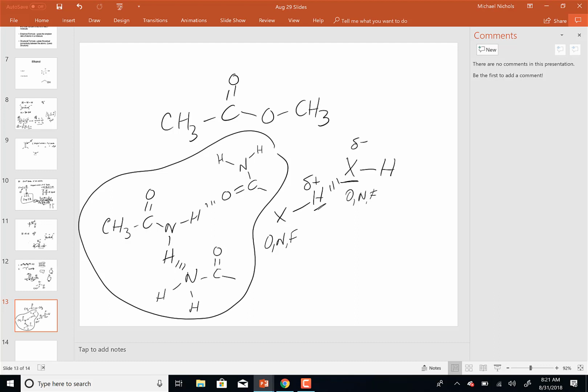And so its strongest intermolecular force is hydrogen bonding. And in each one of these cases, the hydrogen is sitting in between two of F, N, or O.